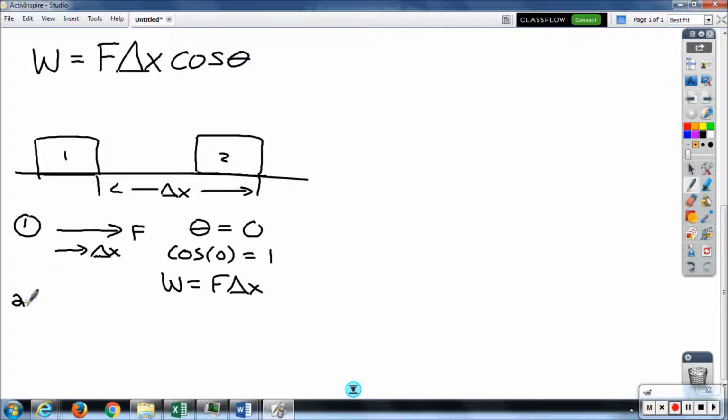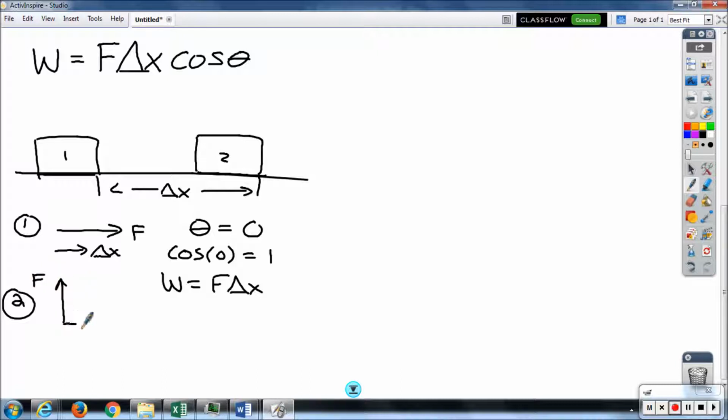You find out that when the force is in the direction of motion, you get the maximum positive work that force can do. Take case 2. On the box at position 1, you begin to apply a force that is upward.